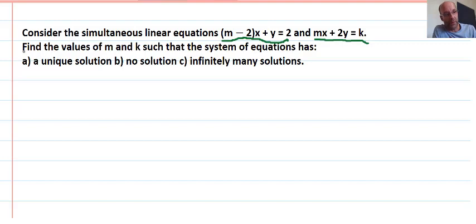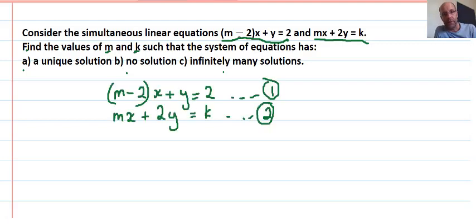So what we need to do is determine the values of m and also k such that the system of equations has firstly a unique, then no solution, then infinitely many. So this is basically applying our knowledge of the three situations. So I've written them down as simultaneous equations, and I'm going to solve for x first of all.